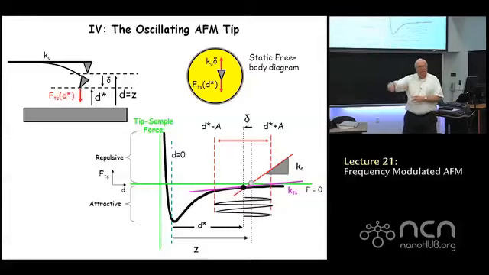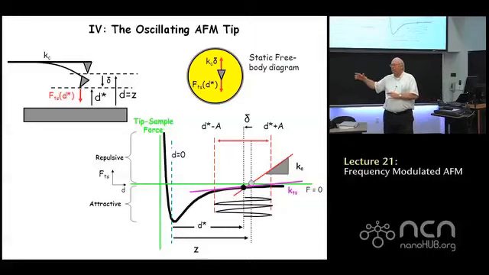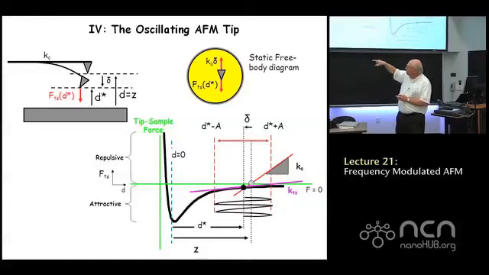So when you're far away from the substrate, delta is real small, right? It's not a big deal. But as you get closer and closer and you start to experience the full nonlinear nature of that interaction force, delta can start to become appreciable. It depends clearly on how strong of a cantilever you're using.